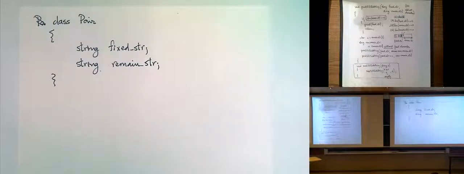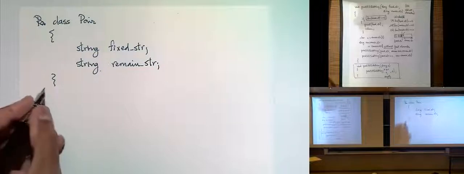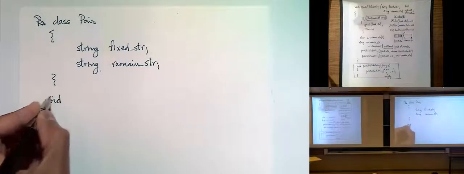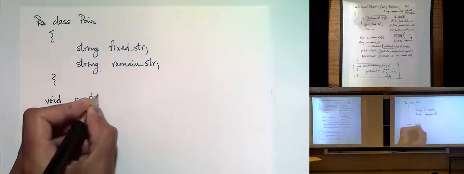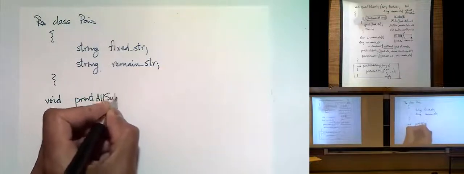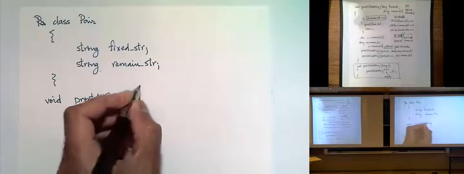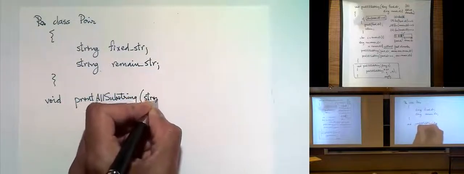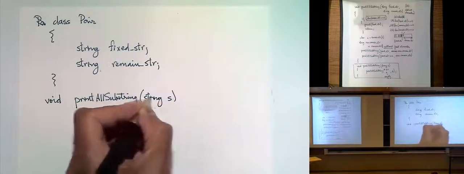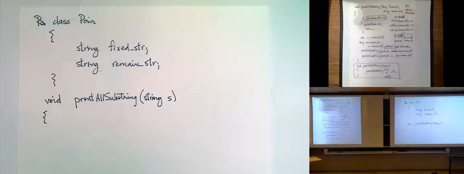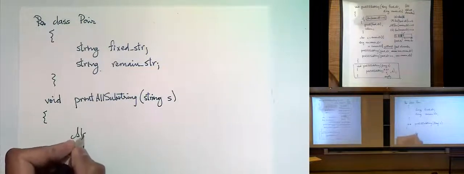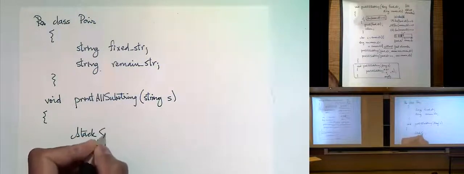So let me just make sure that I have my notes on me correctly. Okay, so I'm going to replace this logic, print all substrings of a string S. So I'm going to start with a stack of pairs.